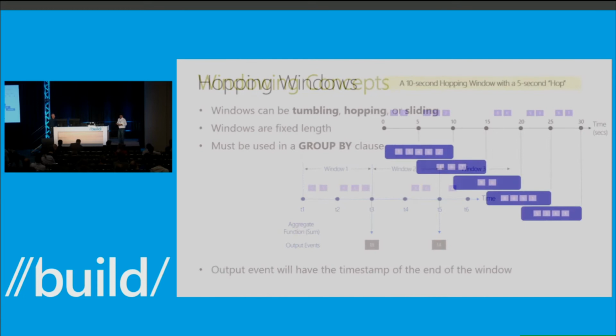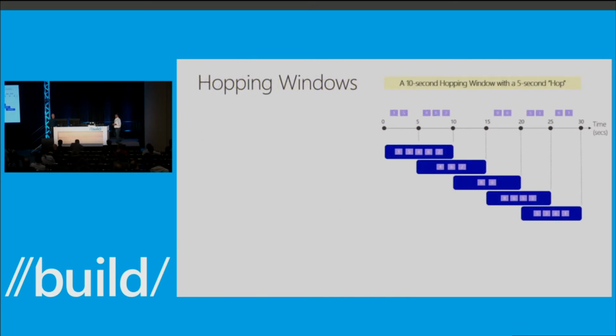So let's take this example of a hopping window. I may want to define, give me a count within a 10-second time frame. Now, I may want to see results more quickly, every 1 second or every 5 seconds. Show me the result of the last 10 seconds. So here's an example.